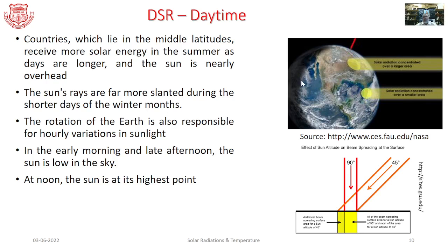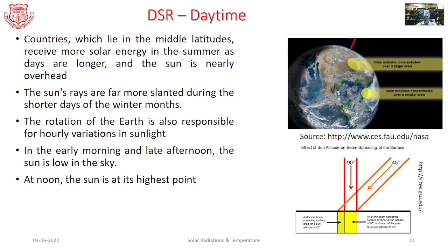As far as the countries which are placed in the middle latitudes, they will be receiving more solar energy in the summer, as during those days the days are longer and the sun is nearly overhead. Whereas during the winter months, the solar rays will be more slanted during those shorter days.